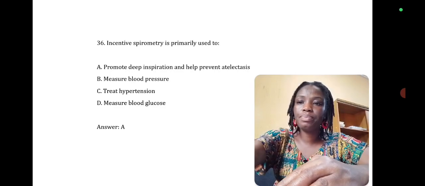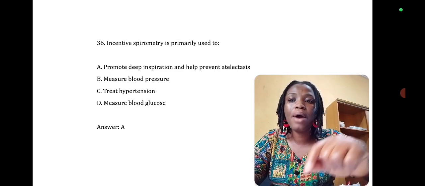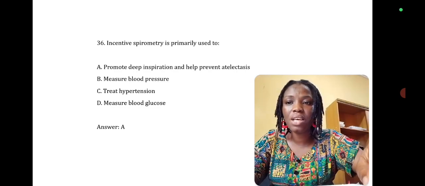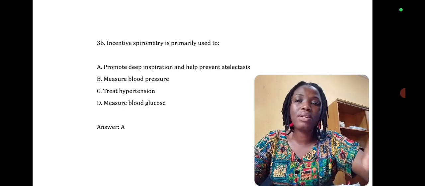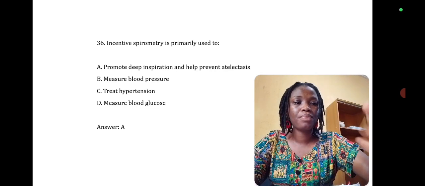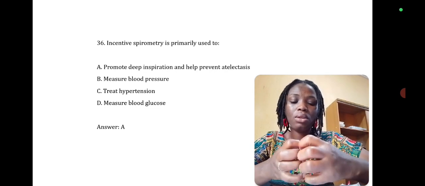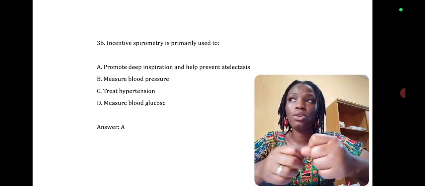Question 36. Incentive spirometry. Incentive spirometry is primarily used to do what? It's a handheld device, something you can hold. It helps you to expand your lungs.